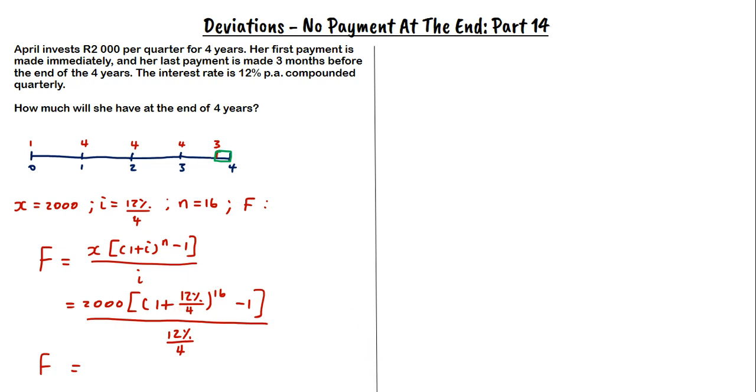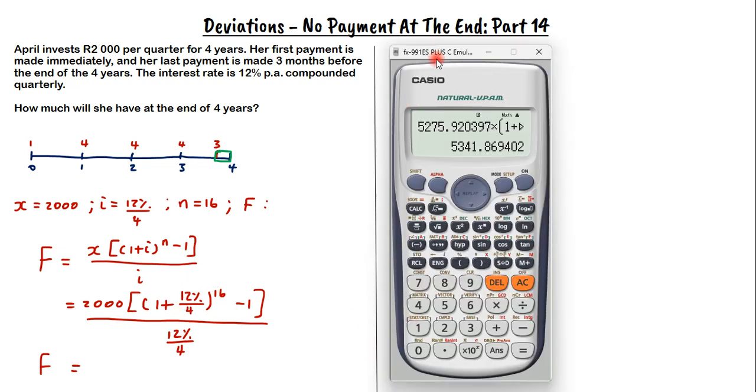Taking our calculator, let me first write this as a fraction. Here we go: 2,000 into (1 plus 12% over 4) to the power of 16 minus 1, over 12% over 4. Let's see what we get.